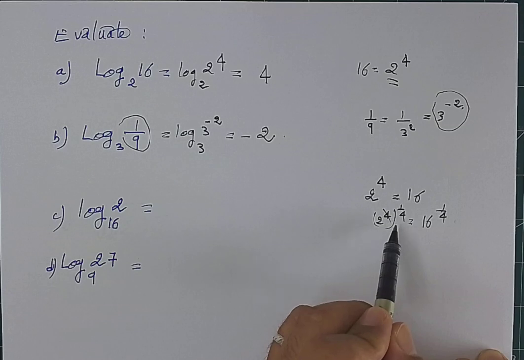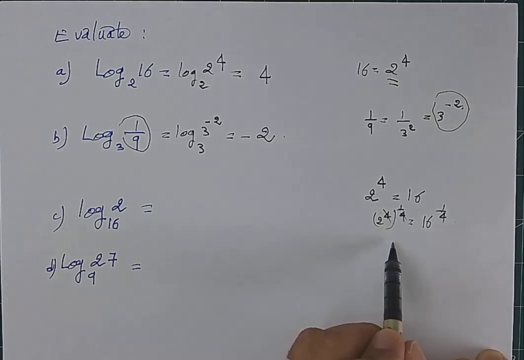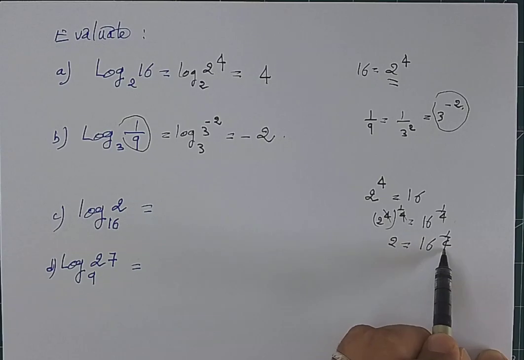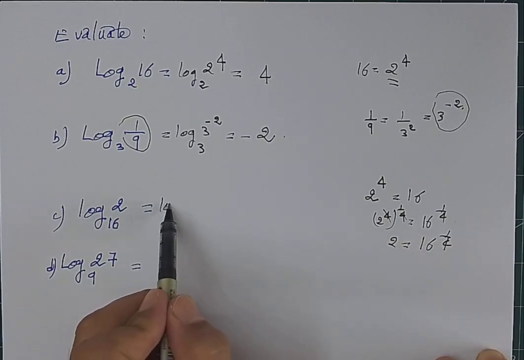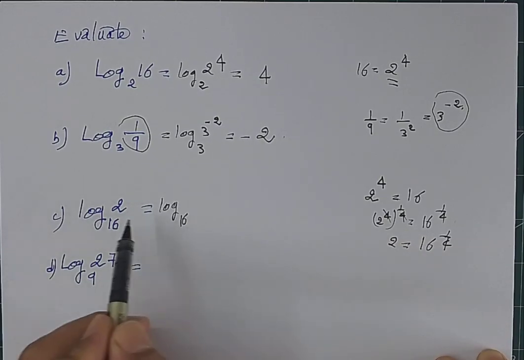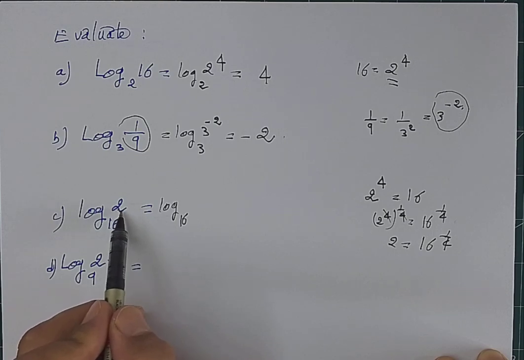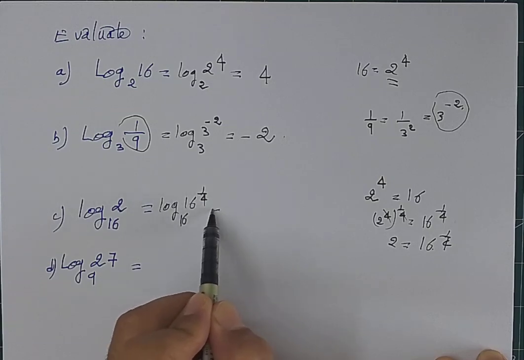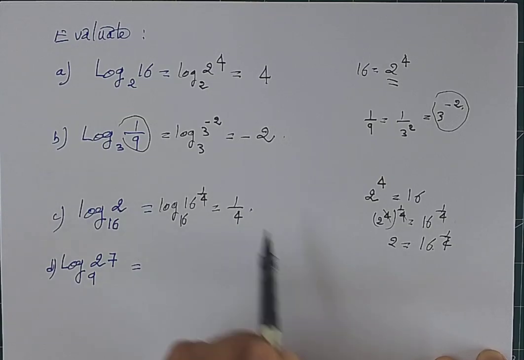Here I can simplify this 4 and this 4. So 2 equals 16^(1/4), and log base 16 of 2: instead of writing 2, I write 16^(1/4), which equals 1 over 4.